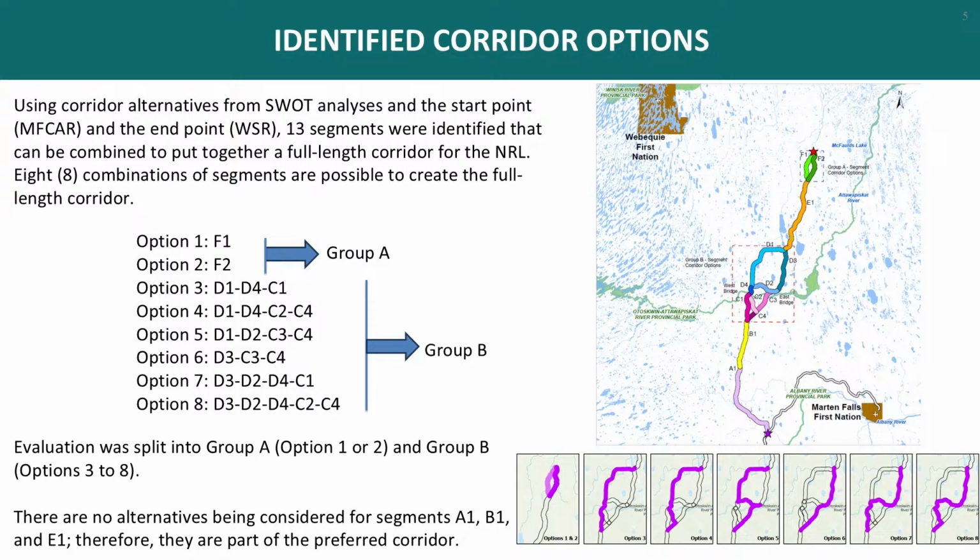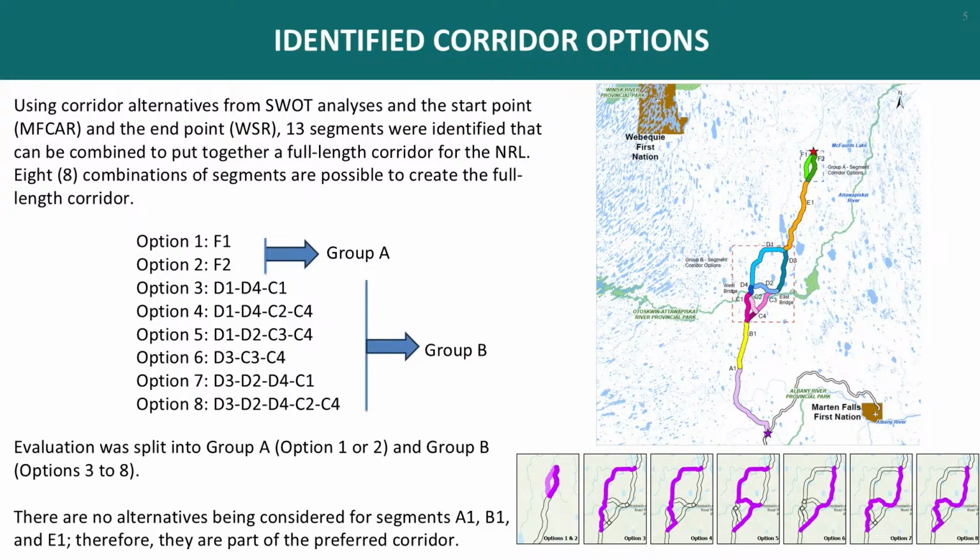And then, not to complicate things too much, but we have different options. So to go from A to B, there could be two different possible corridor options depending on the inputs identified. In this case, we've got two groups.